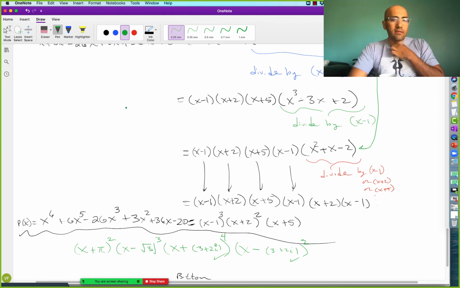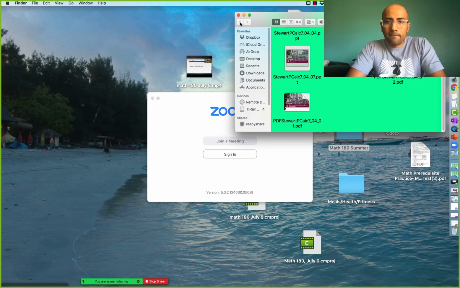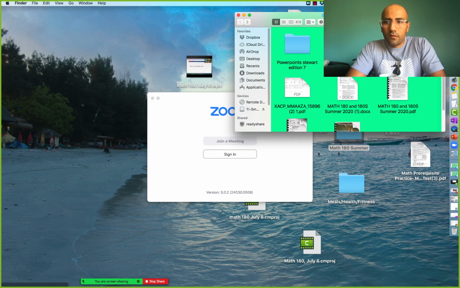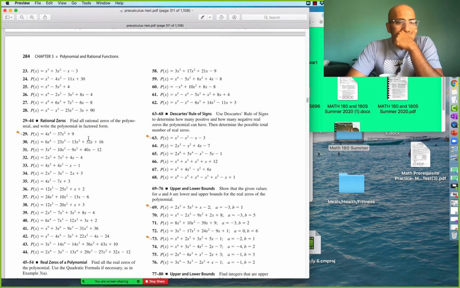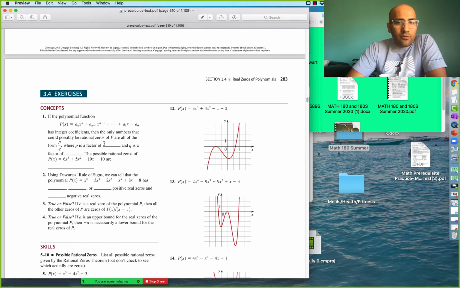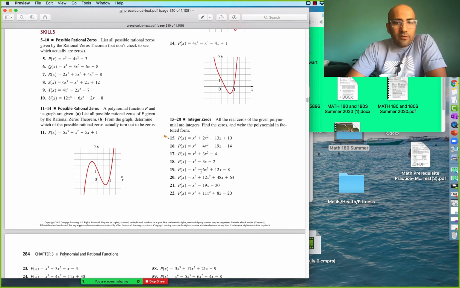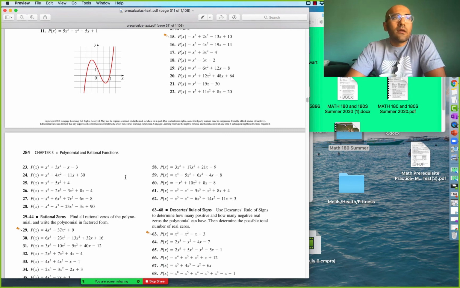All right, so that ends our focus on chapter 3. We're going to stop there. Let's look at where we are with that. Yeah, so the whole point here in this section, chapter 3, section 4, is to really factor these polynomials, and then once we factor the polynomials, we can tell what those zeros are, and that's really helpful in many situations, right?